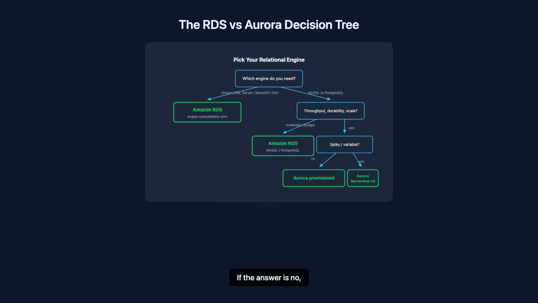If the answer is no, you're on a moderate workload or a tight budget, RDS for MySQL or PostgreSQL is fine. If the answer is yes, you're in Aurora territory. Then one more question. Is the workload spiky or variable? Steady gets you Aurora provisioned. Spiky gets you Aurora Serverless v2. 4 scenarios. Every relational workload routed.